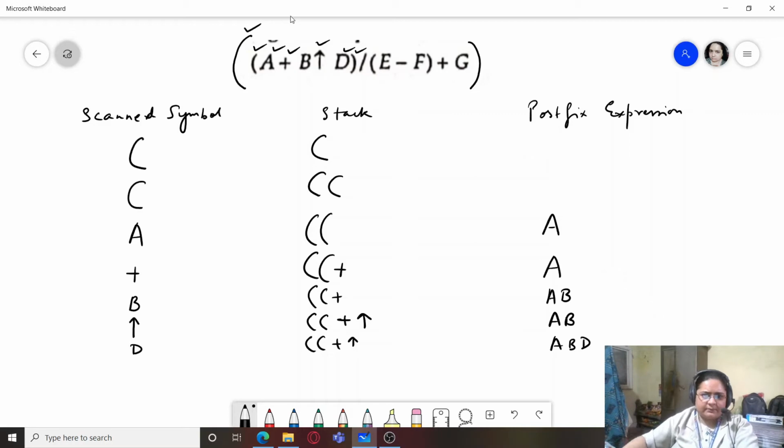Then we have the closing bracket, the very first closing bracket. When you encounter a right bracket, you have to pop all the elements from the stack till the first left bracket is encountered. So that means we will be popping this exponentiation and plus sign, and appending these two in the order in which they are popped. That is, first we are popping exponentiation, so that will be appended, then the plus sign.